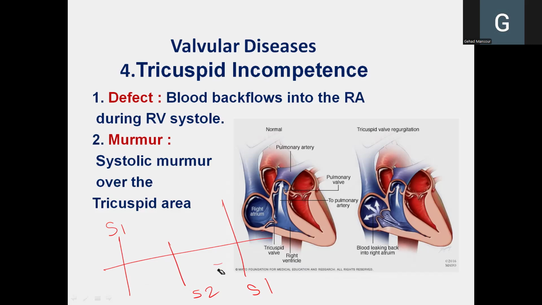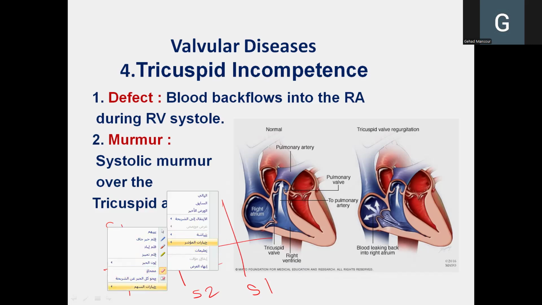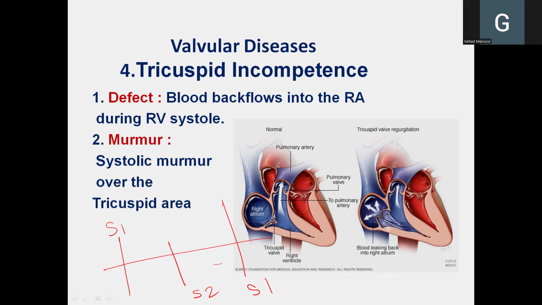Tricuspid incompetence occurs during right ventricular systole and during right ventricular contraction. So it occurs between S1 and S2. So here you're going to see the abnormal murmur between S1 and S2 on the tracing.